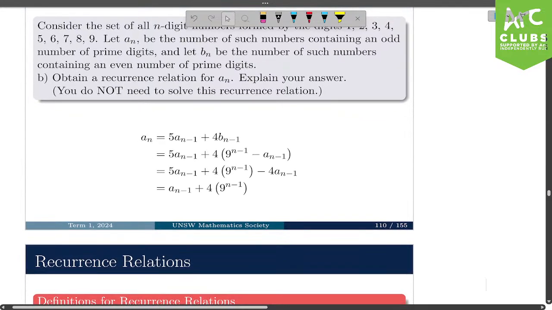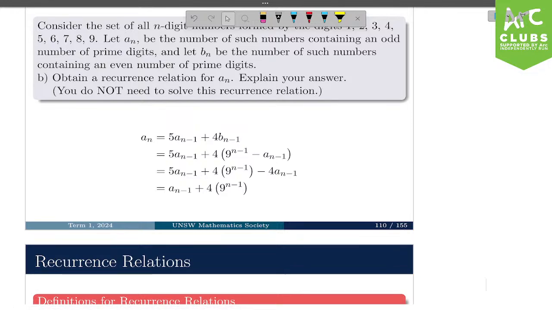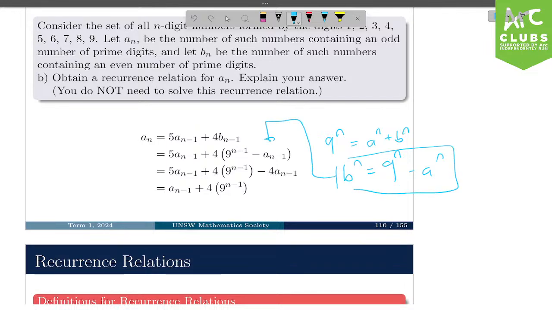And if you just use the substitution from part A, where we noted that 9 to the n is equal to a_n plus b_n, or equivalently b_n is equal to 9 to the n minus a_n, we substitute this here, and then we can just simplify it, and we get our a_n in terms of a_{n-1}. So is that clear? Any questions?